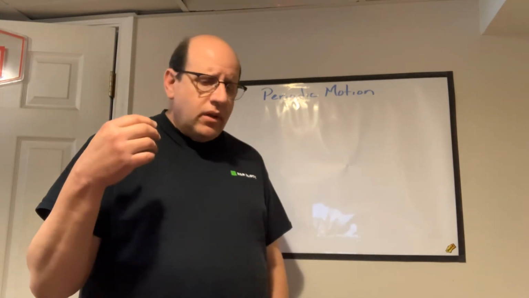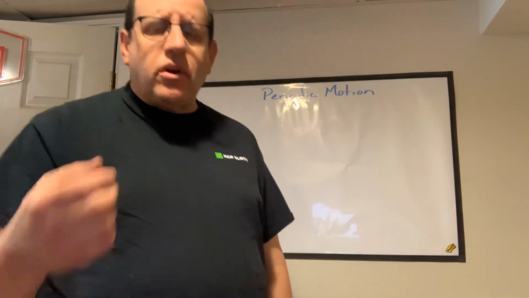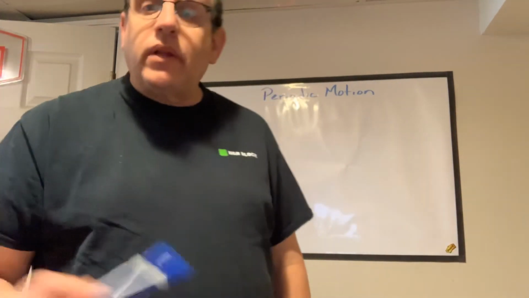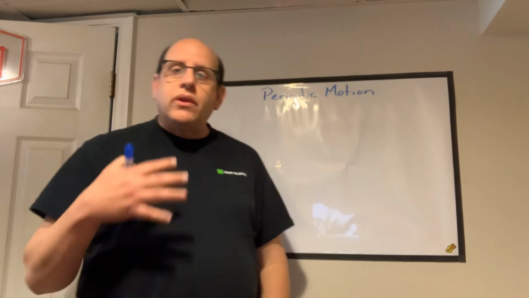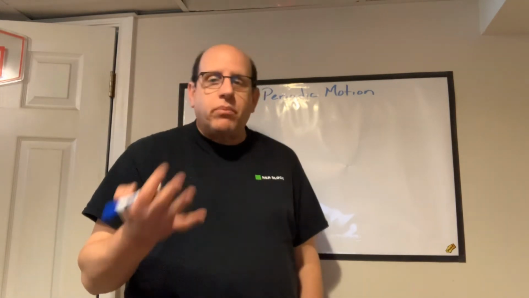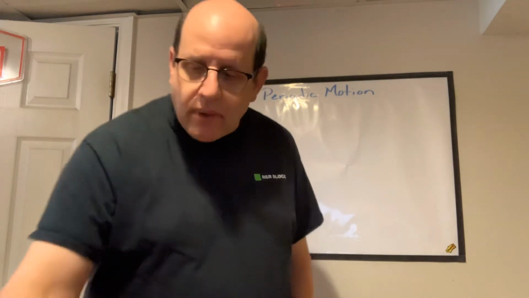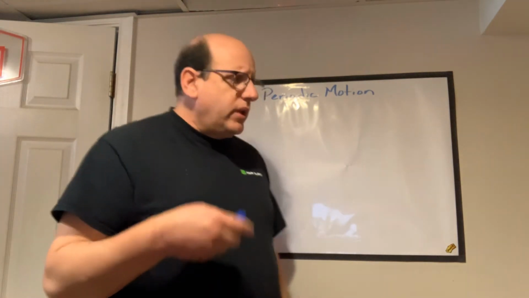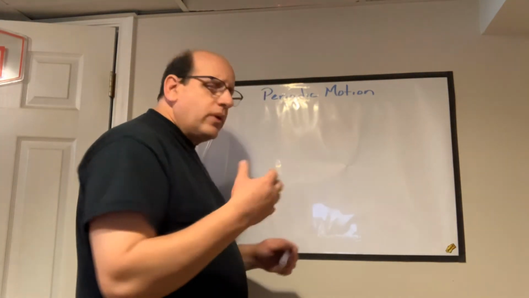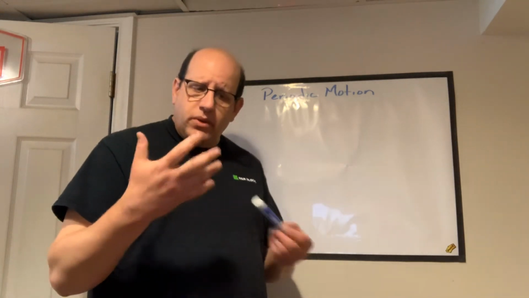There was a scientist, his name was John Hooke, and he was sitting around like most scientists do. They go out and say, what do I want to play with today, and what do I want to think about today? And he decided he would go play with springs. So what he did is he created what is called Hooke's law.